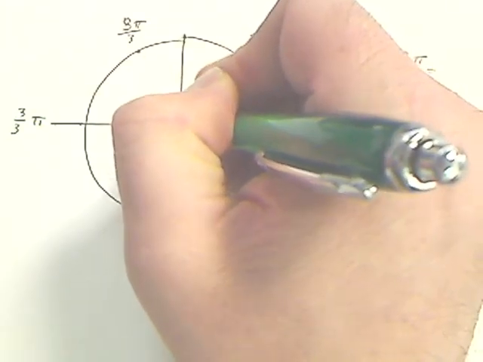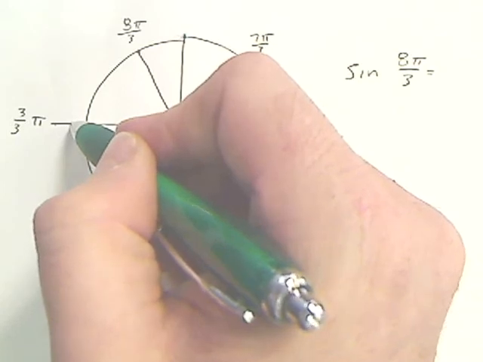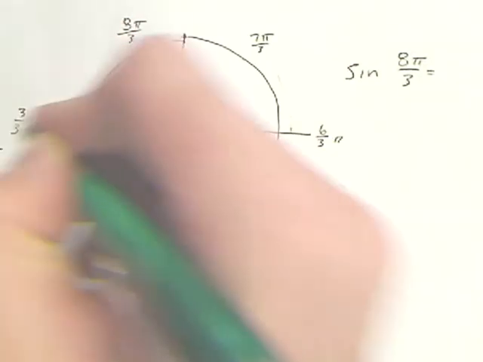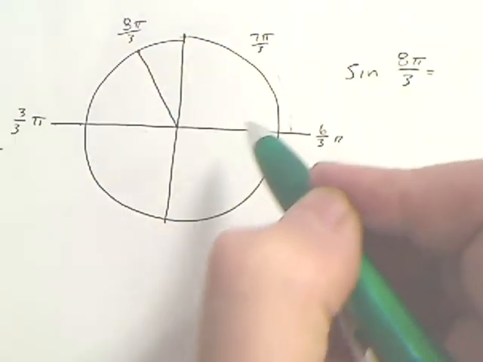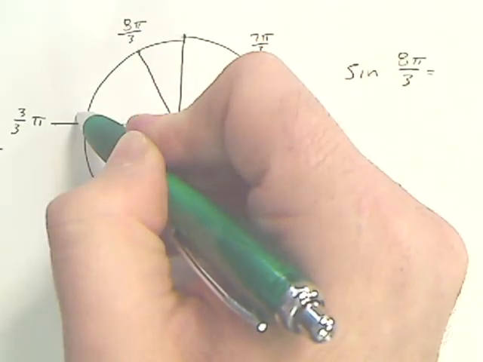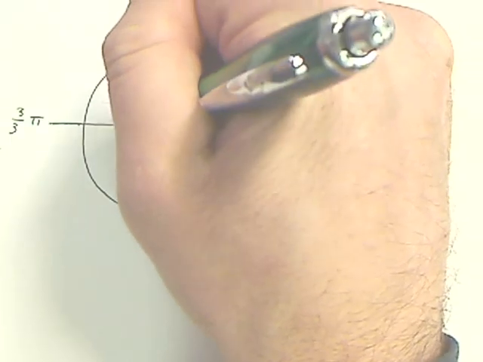And that's where you end up. If you went another third, just to talk about it, you'd end up at 9 over 3. And 9 over 3 is 3 pi, which hopefully makes sense if you went 1 pi, 2 pi, 3 pi, so it works.